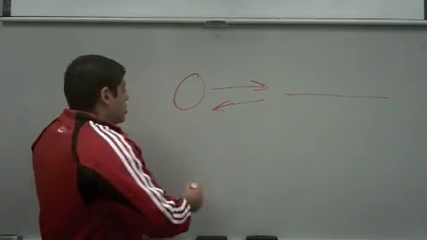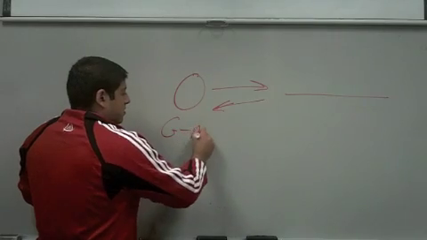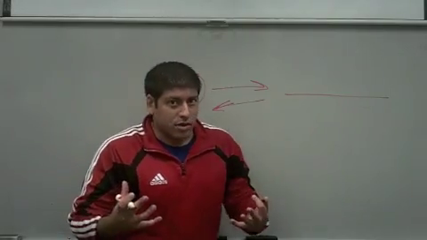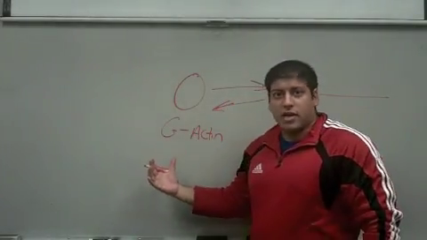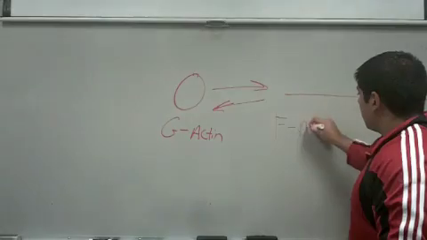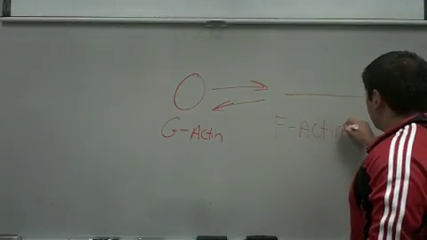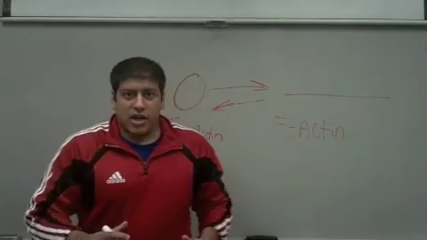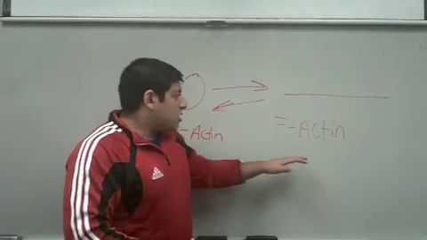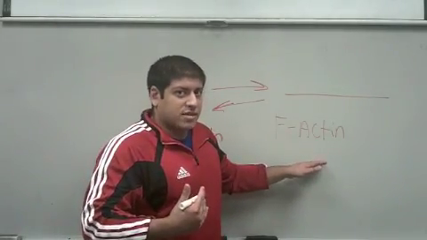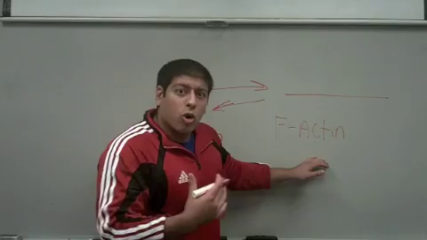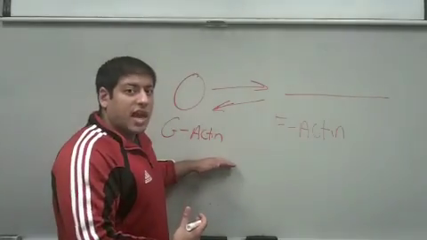So this would be your G-actin, which, again, stands for globular because it looks globular at the molecular level, versus the F-actin. So what I've illustrated here is that the G-actin can come together and establish and become a filament, or the F-actin, and then the F-actin also has the ability to depolymerize or break down back into the G-actin form.